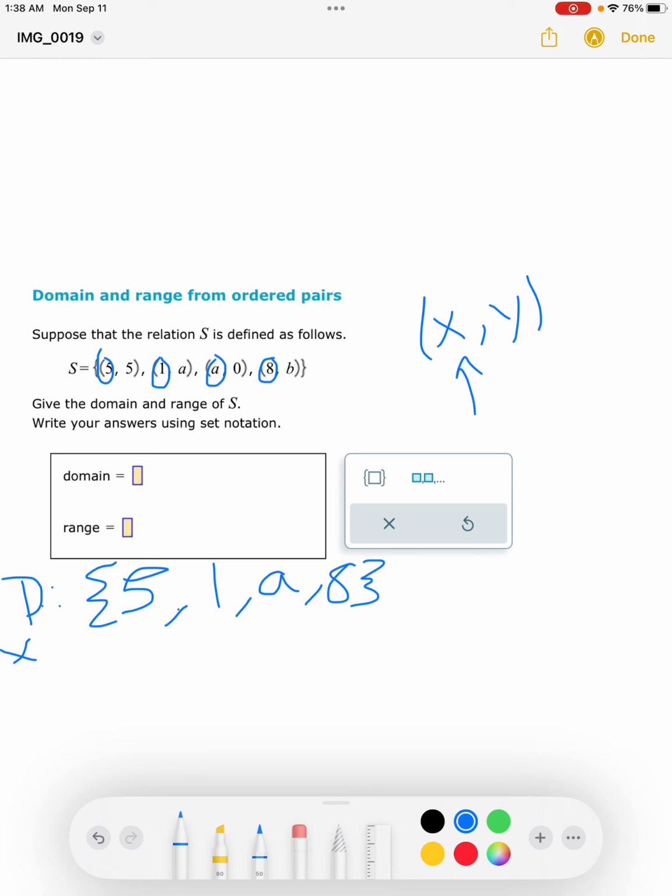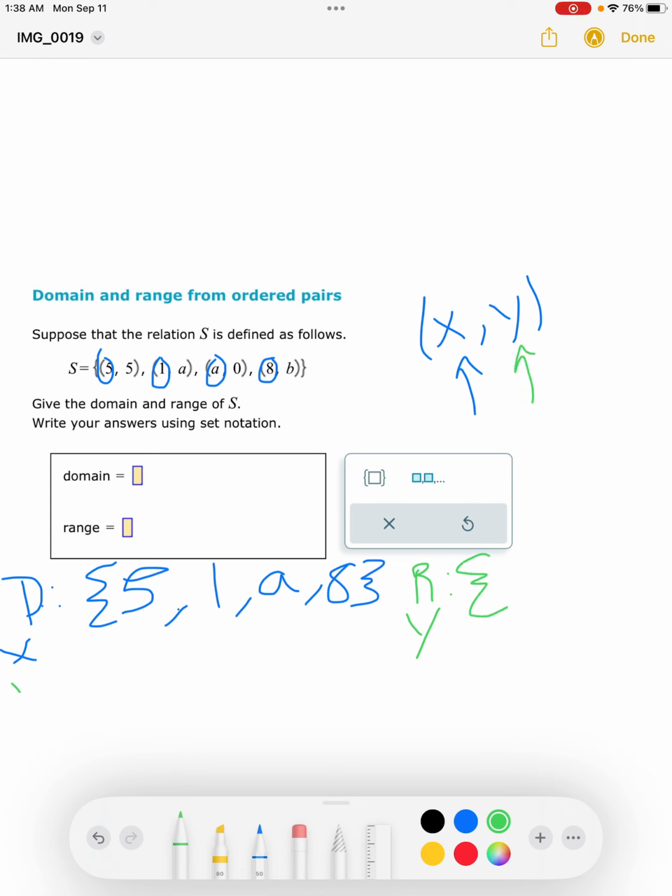Okay. And now I move on to my range, which is the Y values. So I'm going to say R, oops, does that not fit? It doesn't fit. Okay, we'll write it over here. Okay, so there's my range, which is Y values. See how they're in the second spot in the coordinate point?